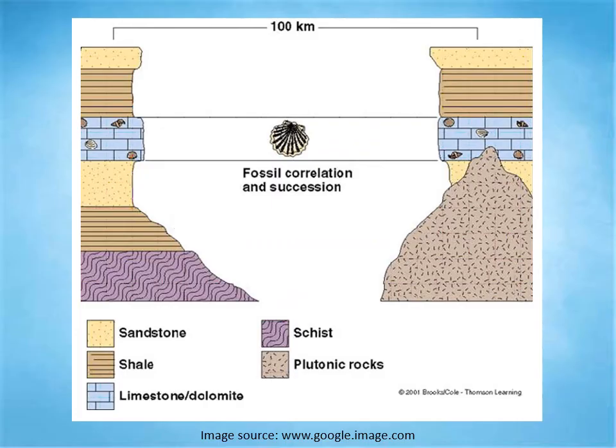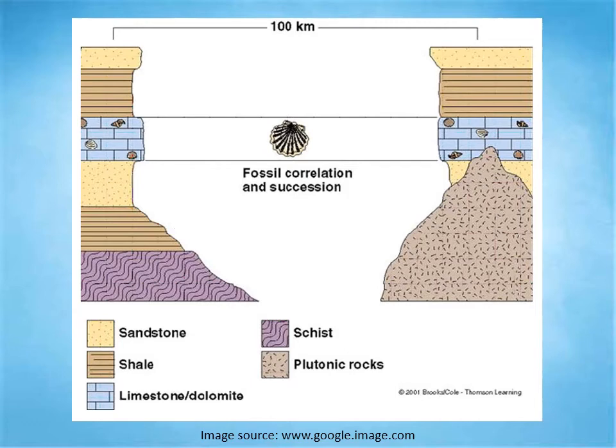Now here you can see in the two columns, if you go for lithologic correlation, there are lithologically identical units, but lithostratigraphic correlation is also based on the similar appearance of rock layers with respect to their upper and lower units.